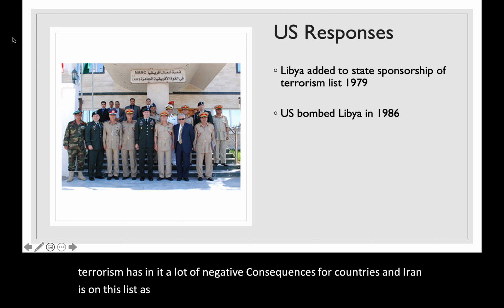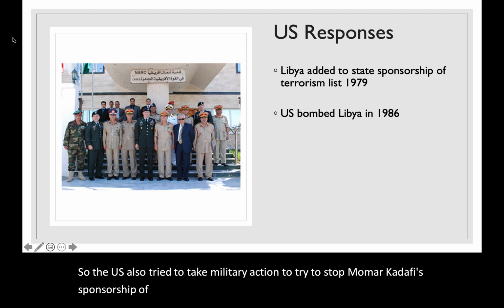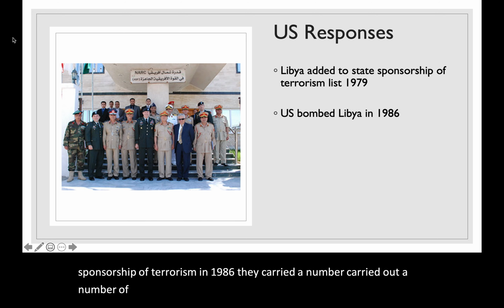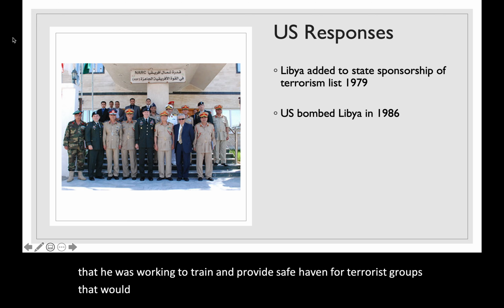So the U.S. also tried to take military action to try to stop Muammar Gaddafi's sponsorship of terrorism. In 1986, they carried out a number of bombings in Libya. They targeted camps where it was argued that he was working to train and provide safe haven for terrorist groups that would then try to carry out attacks in the United States, Europe, Israel.